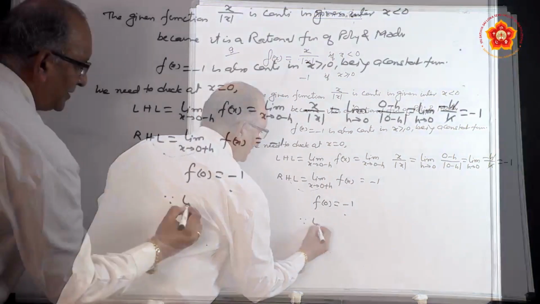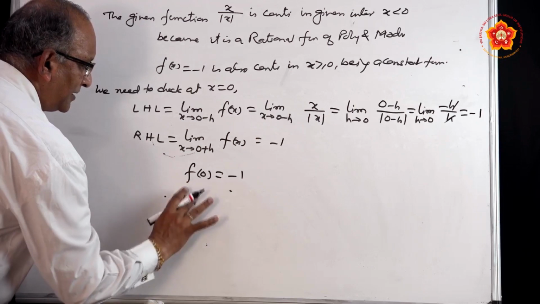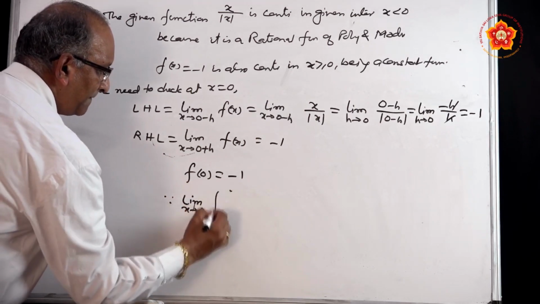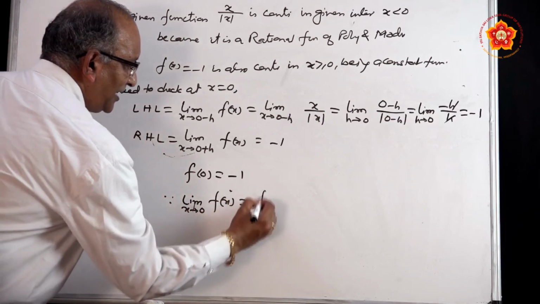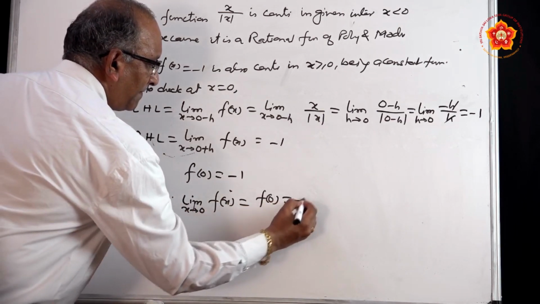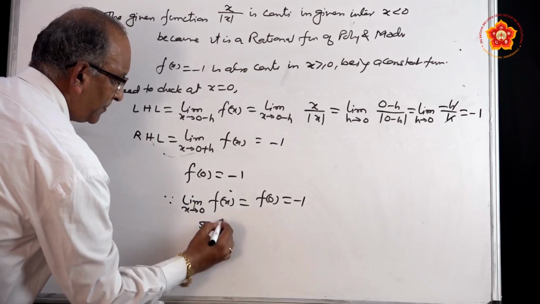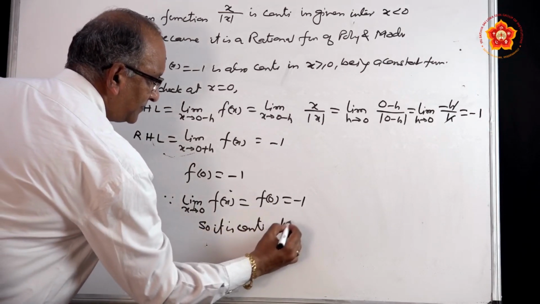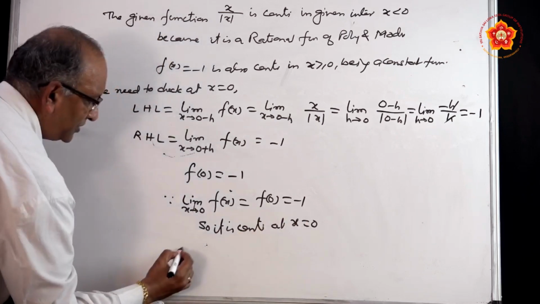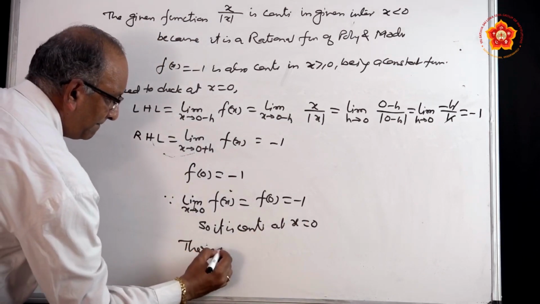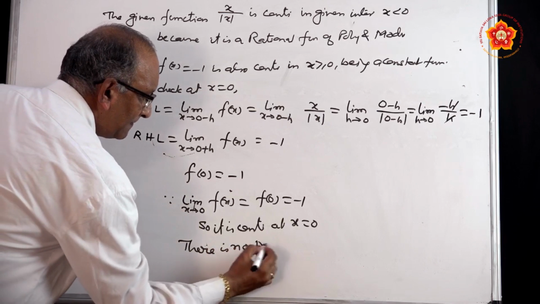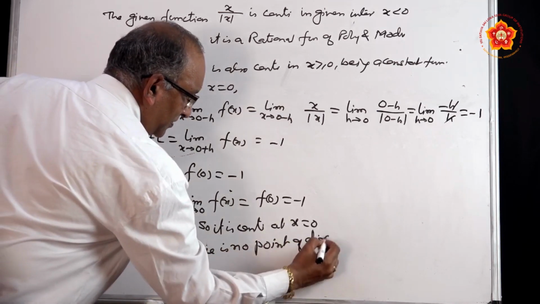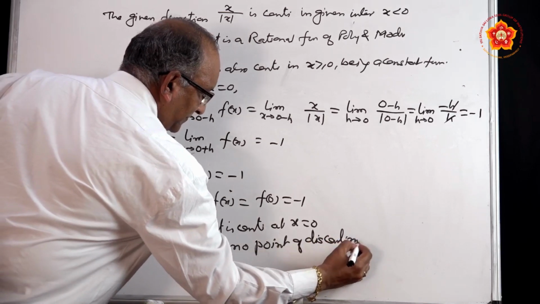Since limit of the function is equal to value of the function, so it is continuous at x equal to 0. There is no point of discontinuity.